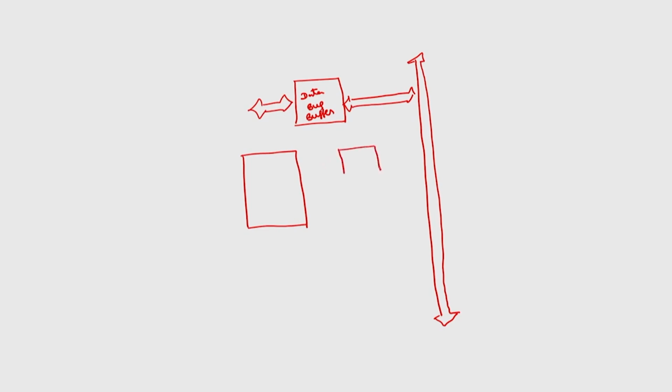There are two registers: one is control word register, another is status register. This is read write control logic. The remaining signals I am not going to discuss here. I am going to discuss only three signals: read bar, write bar and C by D bar.